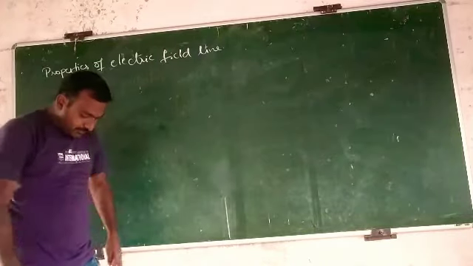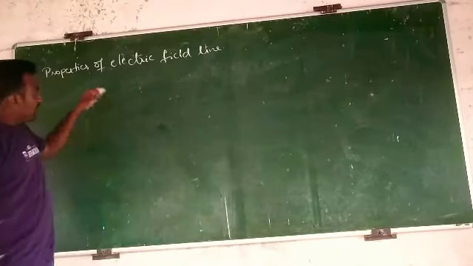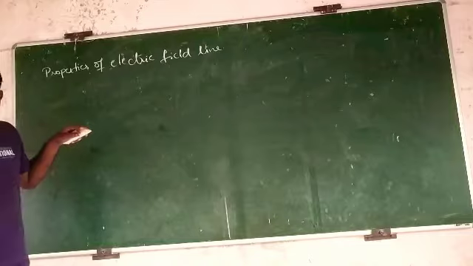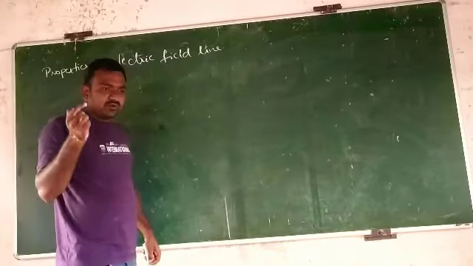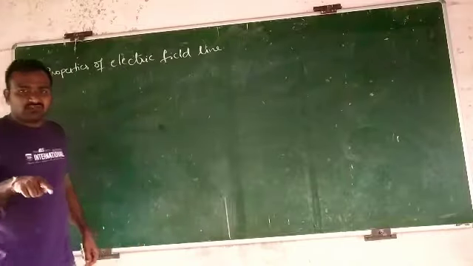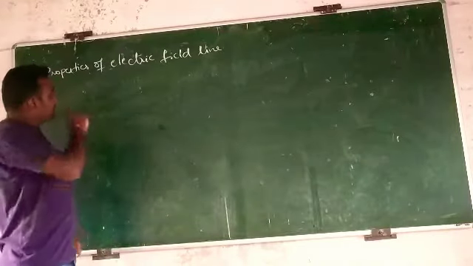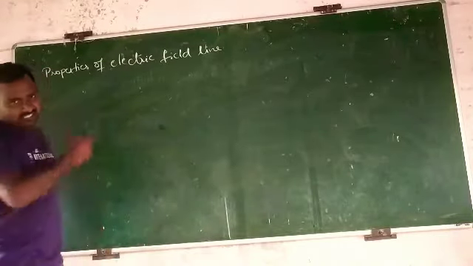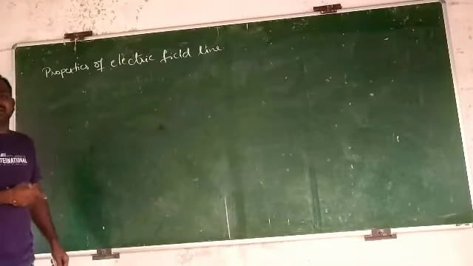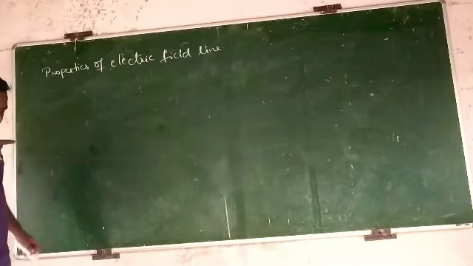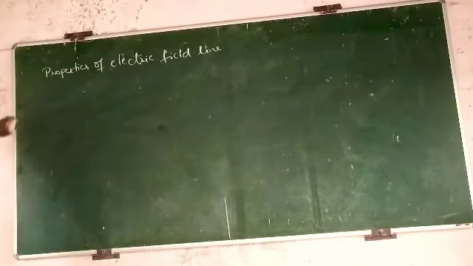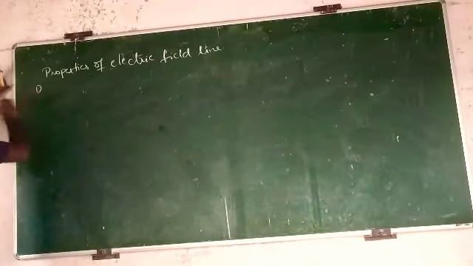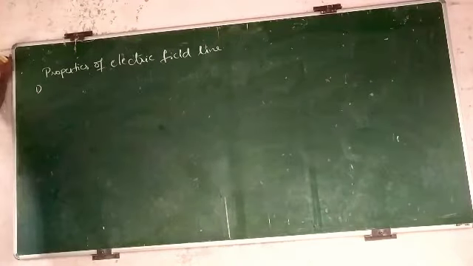And friends, the electric field is a vector quantity, and we show the direction of the electric field by the properties of the electric field lines. While studying these properties, we will come to know how the direction of the electric field is drawn.